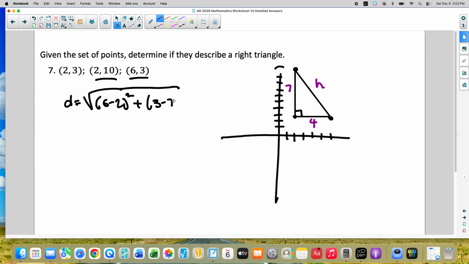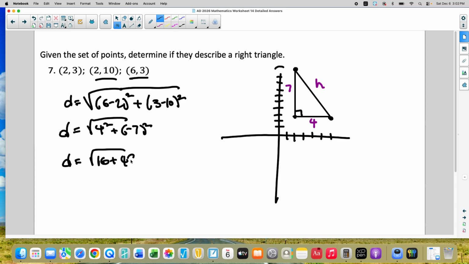So distance equals 4 squared plus negative 7 squared, which equals the square root of 16 plus 49, which equals the square root of 65.